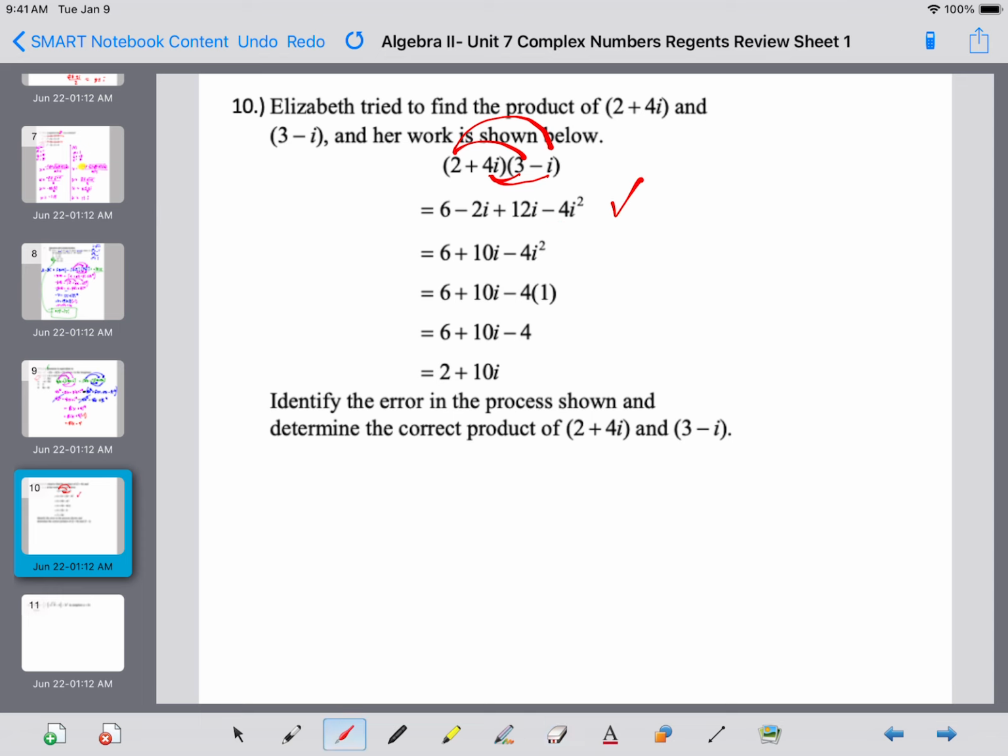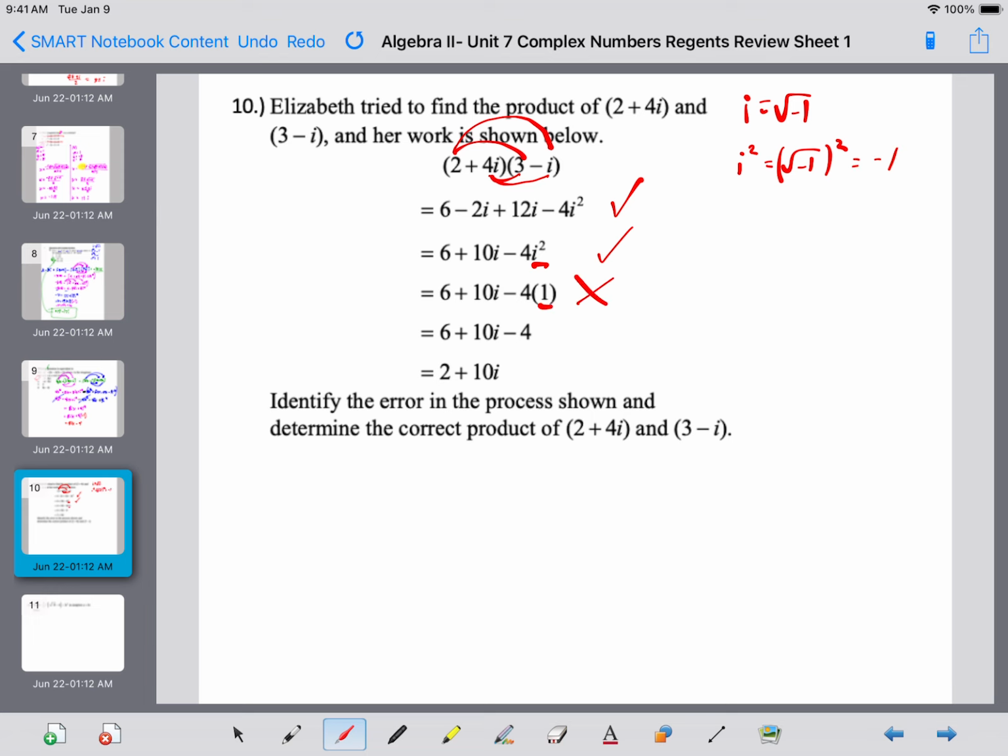Now she combined like terms. Negative 2i plus 12i is 10i. That's correct. Now she changed i squared to, what is i squared equal to? i equals radical negative 1. i squared is just radical negative 1 squared, right? Which is just negative 1. Did she plug in negative 1?